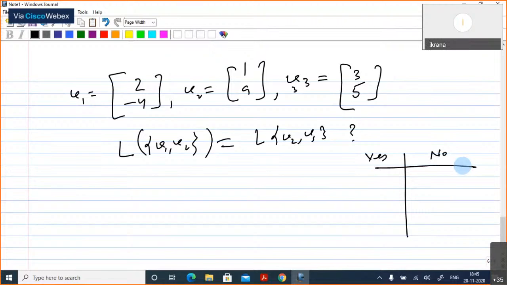As soon as you get one more answer no, please tell me. So many people are saying yes. Okay, toss a coin and pick someone who said yes to explain why L of V1, V2 is equal to L of V2, V3. Vijay Kumar Solanki, please explain.